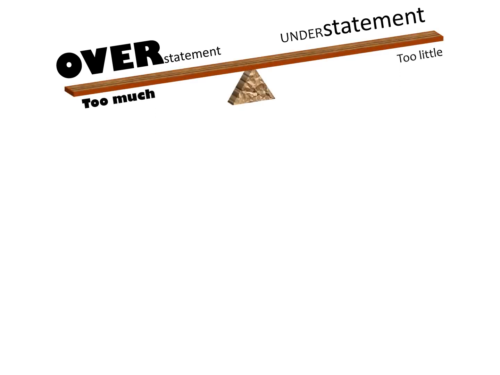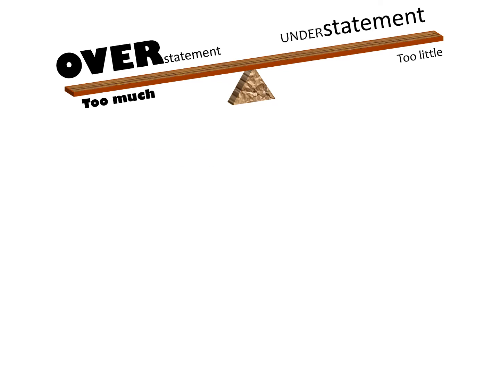Whatever I have in my financials, it's too much, it should have been less. Understatement is if it's too little, I didn't include everything. So the next question is what assertions will actually lead to an overstatement or an understatement. That will be the underlying risk for that specific account balance.